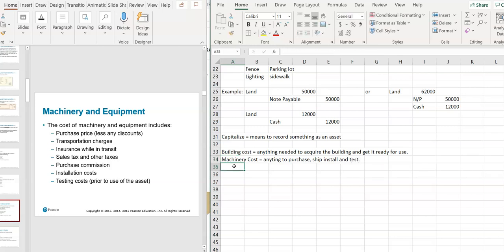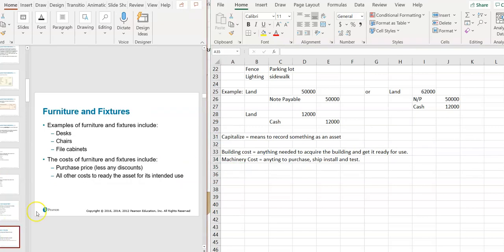Okay, so basically anything you have to pay to get it to you and get it ready for use. All right, furniture and fixtures, same basic thing. Furniture and fixtures are your office furniture, you know, couches, desks, tables, filing cabinets, chairs, whatever the case may be. Those are typically going to be the purchase price, and then, you know, shipping is included in that. So anything to purchase it and get it to you.